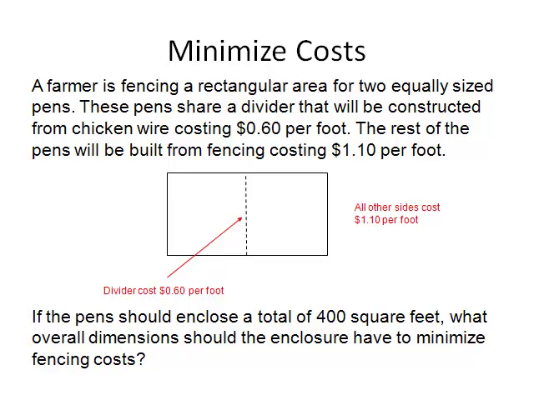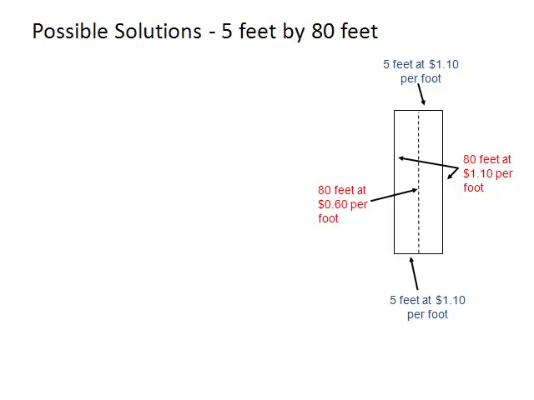What overall dimensions should the enclosure have to minimize the cost of fencing? Let's start with some possible dimensions and evaluate the cost of fencing for those dimensions. In this case, let's start with an enclosure that is 5 feet wide and 80 feet long to give an area of 400 square feet.